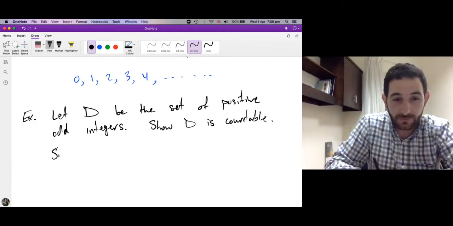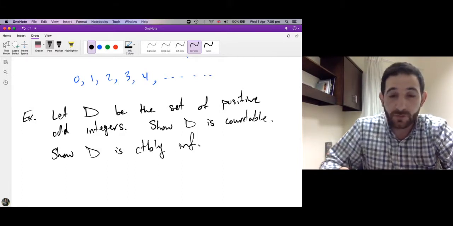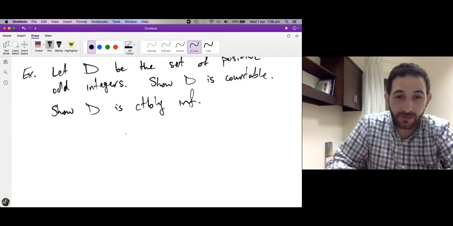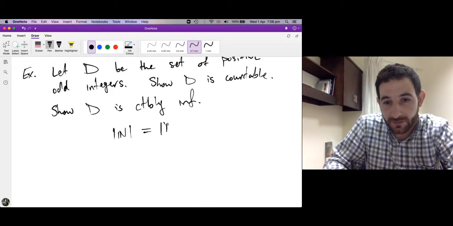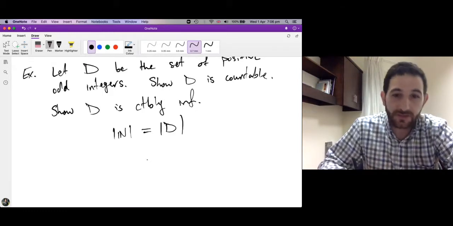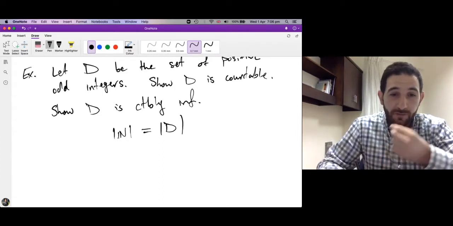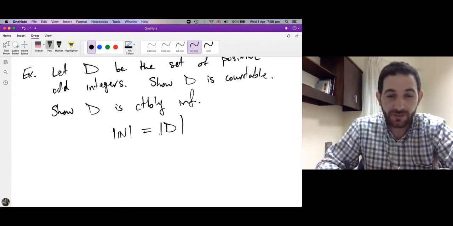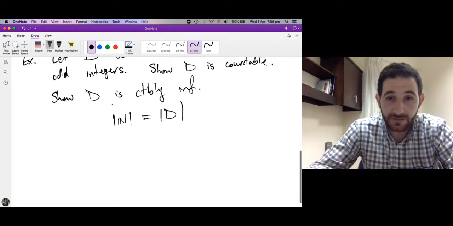So in other words, we need to show that the cardinality of the natural numbers is equal to the cardinality of D, which means there's a bijection from N to D. And if there's a bijection from the natural numbers to D, it means that we can list the elements of D. Can you list the elements of D?